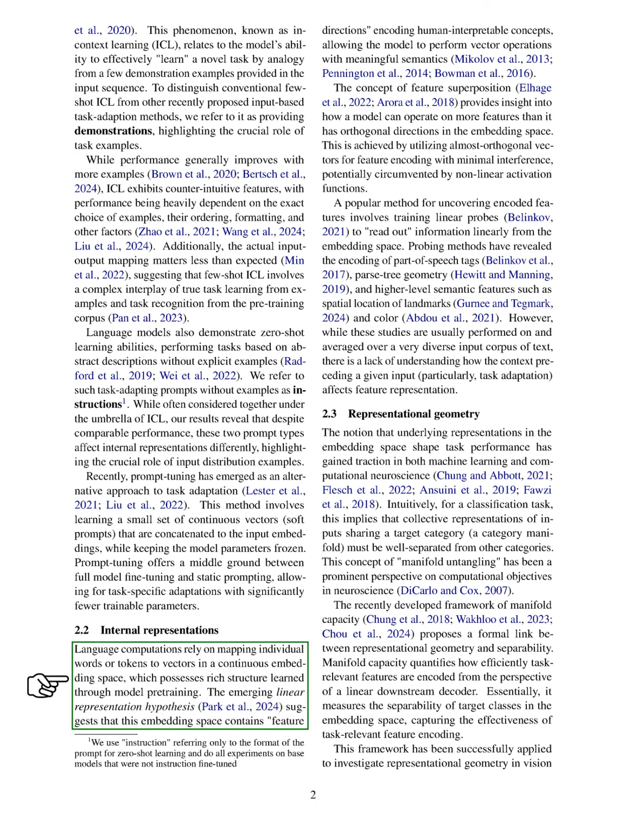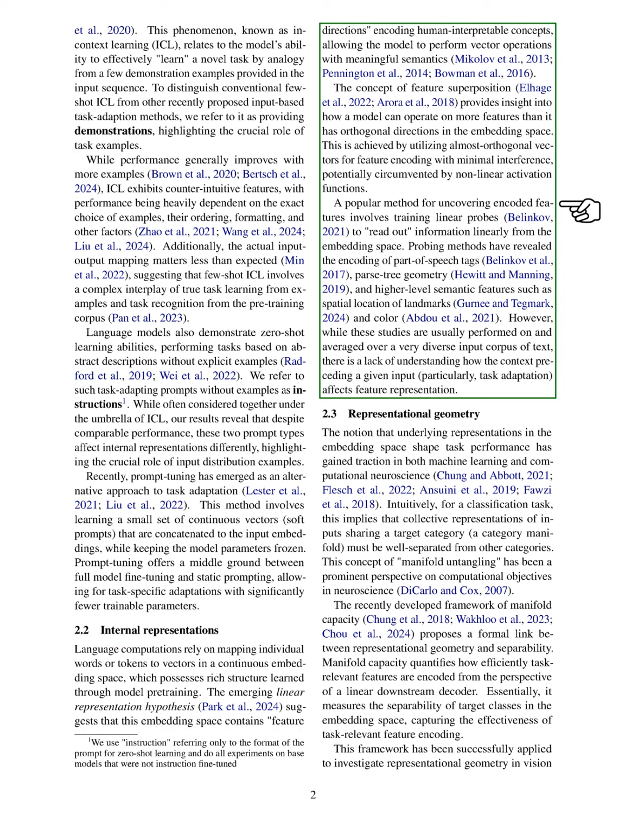We also discuss how language models map words to vectors in a continuous embedding space, which is structured through pre-training. The linear representation hypothesis suggests that this space contains feature directions that represent understandable concepts, enabling the model to perform meaningful vector operations.